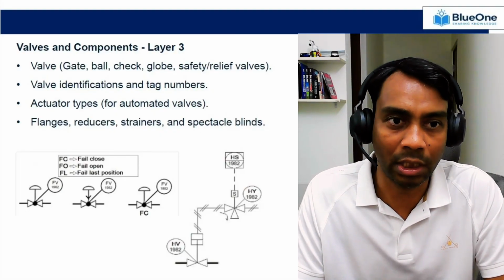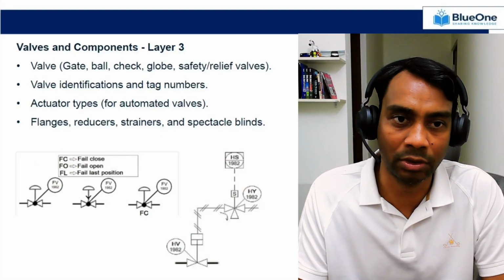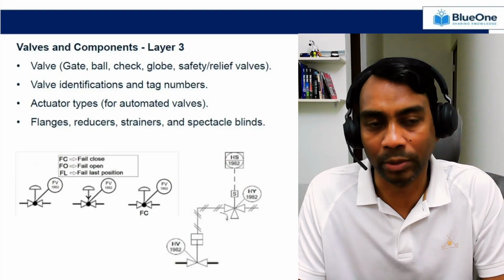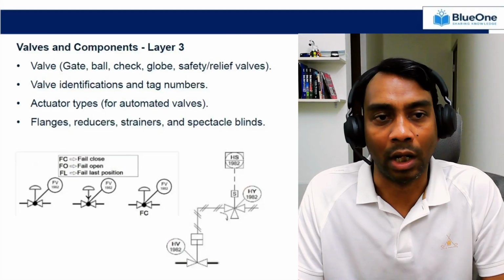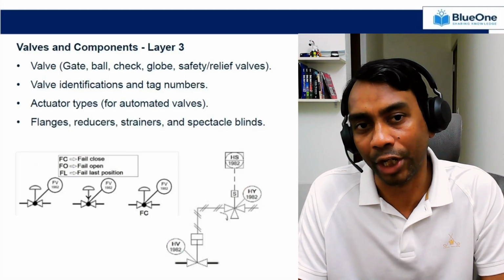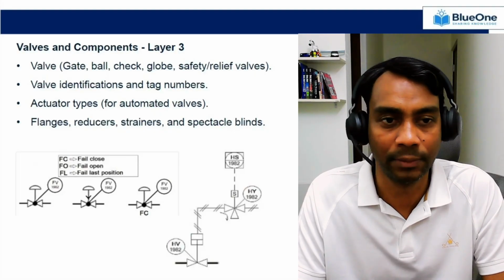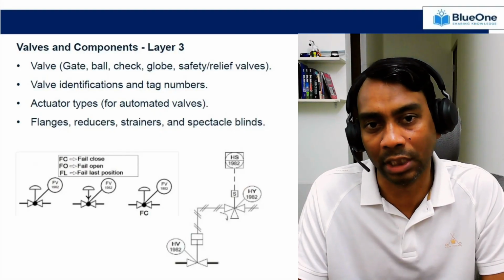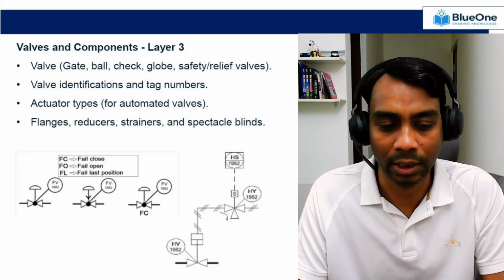You will also see valve identification and tag numbers on each component to identify the uniqueness of that particular device. There are certain valves with an actuator, so you can also have information about the actuator type for the automated valves. And you'll have information about flanges, reducers, strainers, and spectacle blinds wherever required.